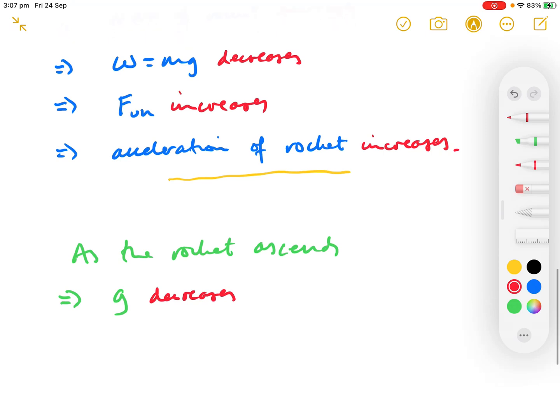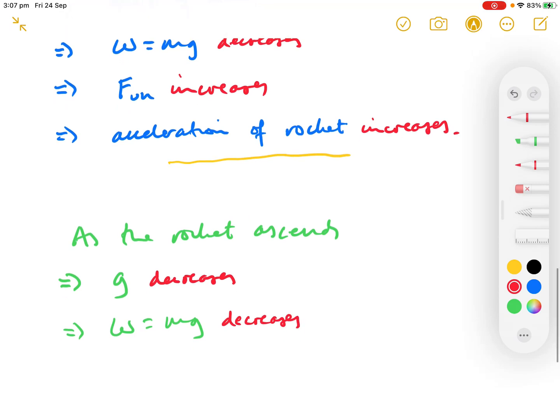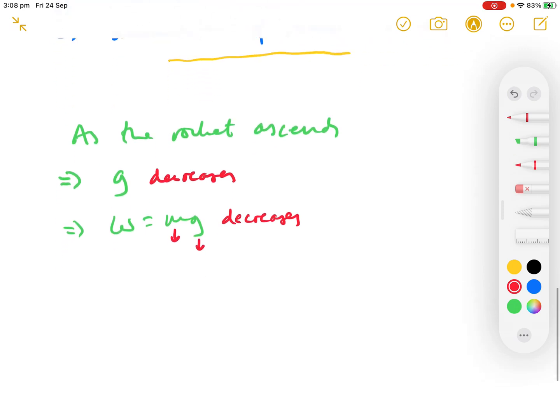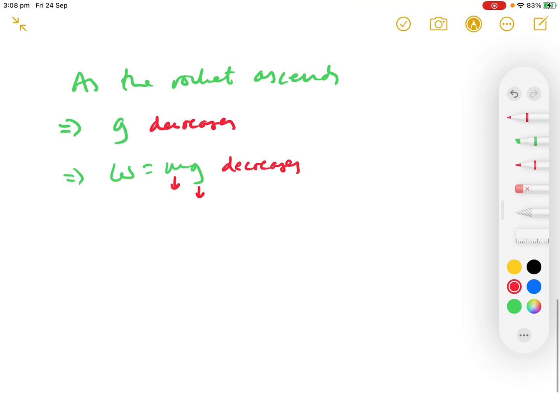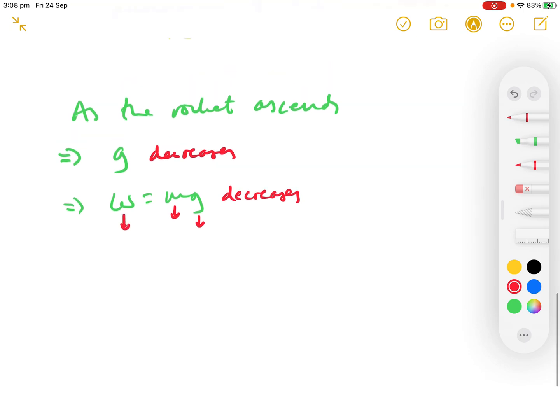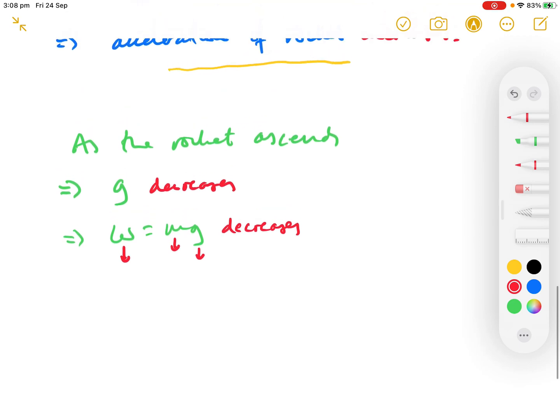Gravity follows an inverse square law, so the gravitational force decreases with altitude. So that means that W as mg decreases. You can see actually that the mass is going down due to the fuel consumption, but g is also going down. So the overall effect, of course, is that the weight's going down.